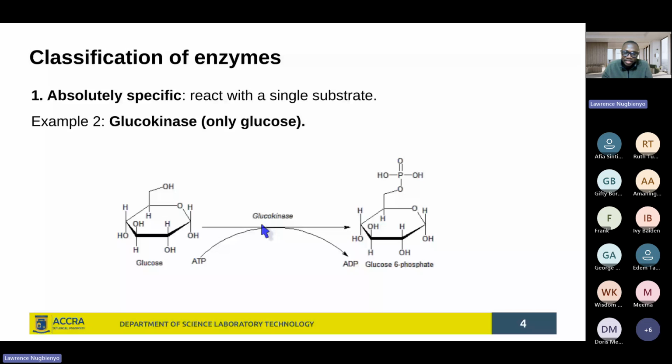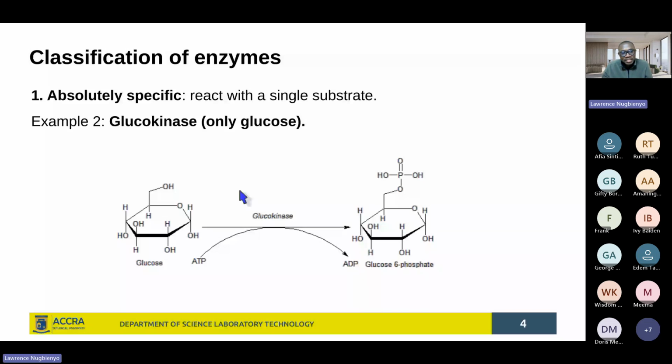And what is glucokinase doing? Glucokinase is transferring a phosphate group from ATP onto the glucose molecule to give you glucose 6-phosphate. So once it gives out a phosphate group that binds to glucose to give you the glucose 6-phosphate, you'll be left with adenosine diphosphate, ADP.